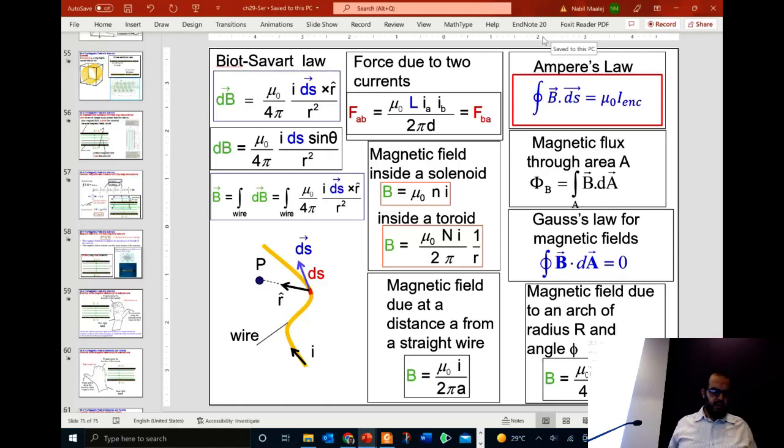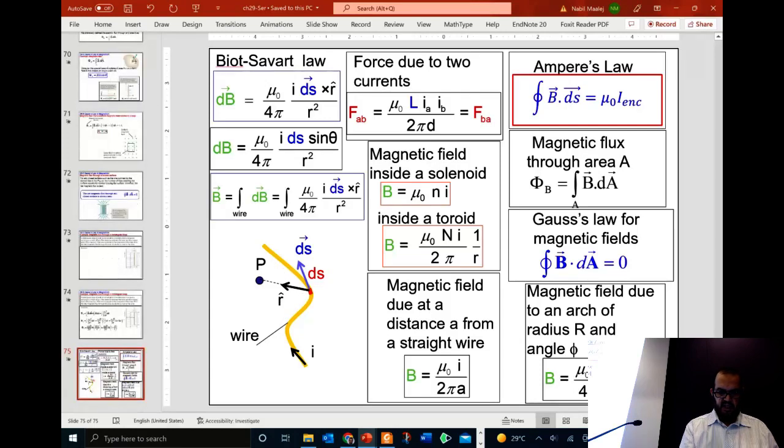Okay, so let me remind you what we have done so far in this chapter. We covered the Biot-Savart law, which says that if we have a current flowing through a segment ds in a wire of length ds, then we can obtain the magnetic field at a certain point P at a distance r from this segment.